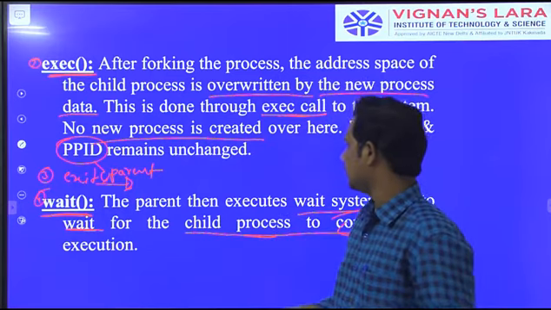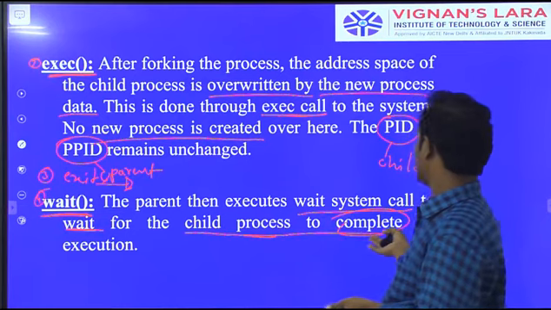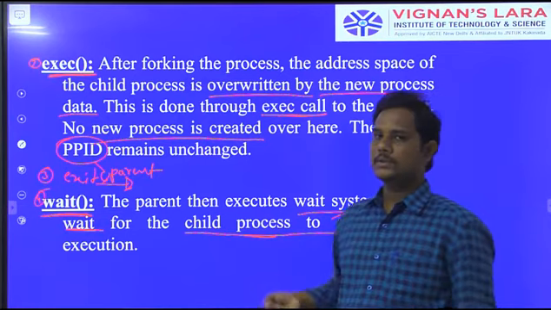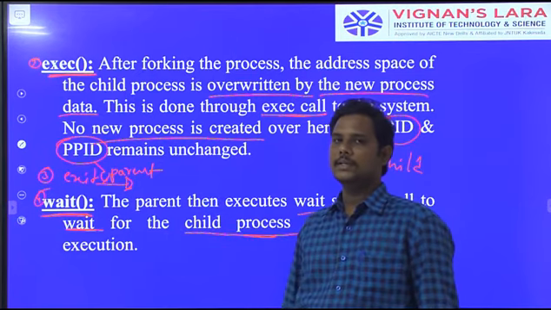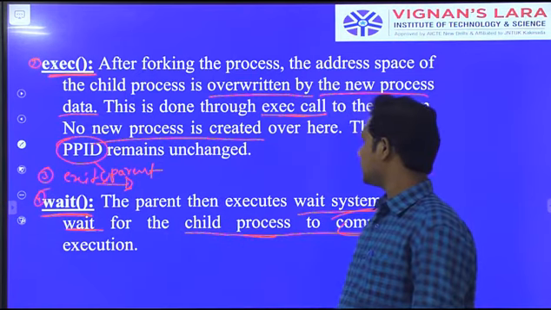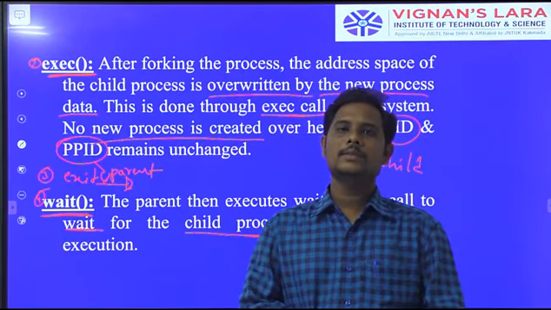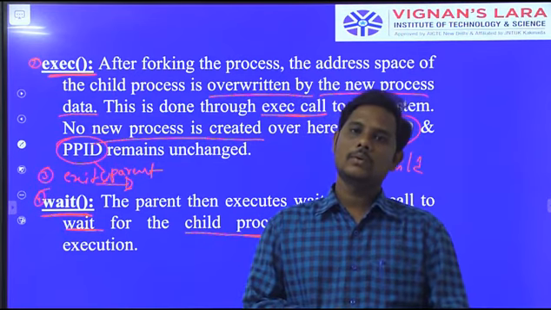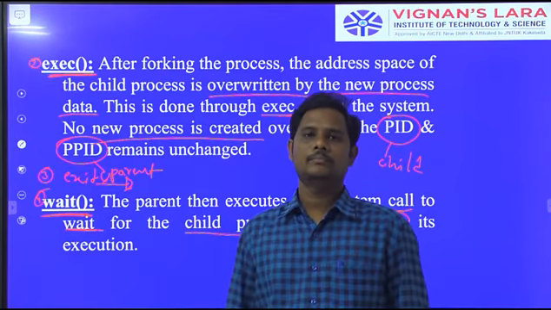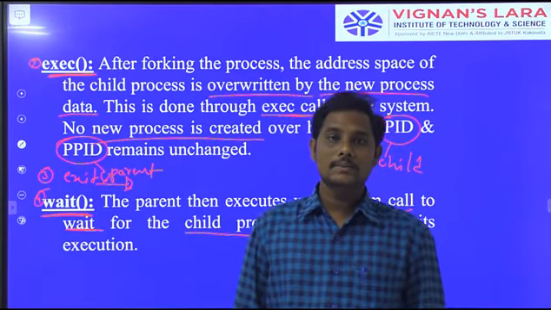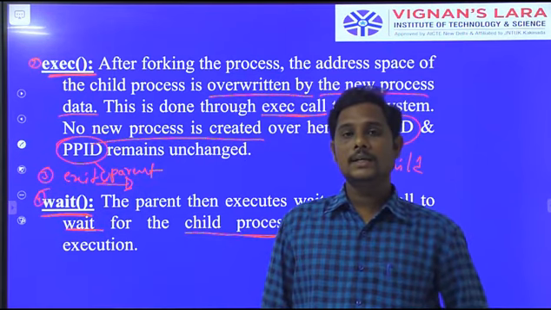So the child process is executed first, and after that the parent process is executed. That's why there is a waiting state. Whenever a new process is created, that process is executed, and at that time the parent process is in the waiting state. How long does it wait?